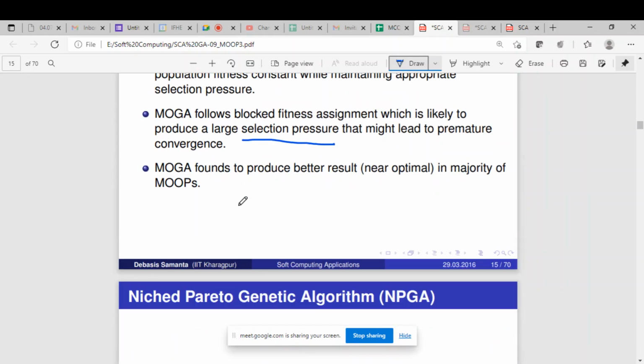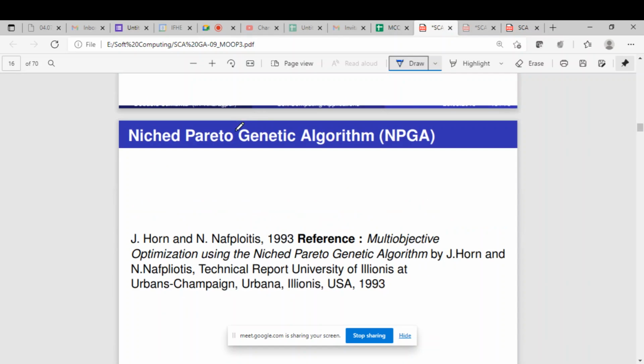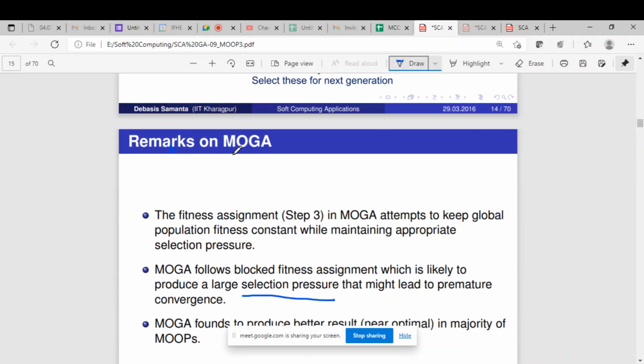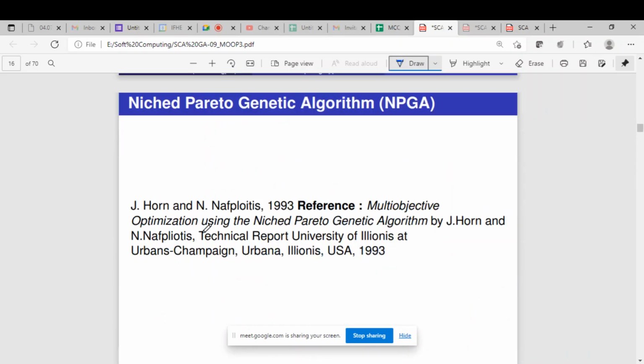But in spite of that, MOGA actually produces better results. It is able to produce results which are close to the optimal solutions. MOGA is one of the Pareto based approaches for solving MOOP problems.